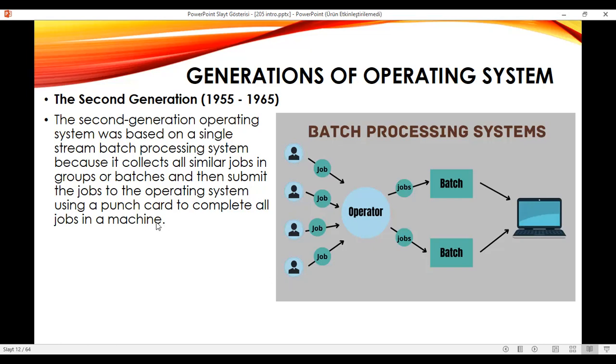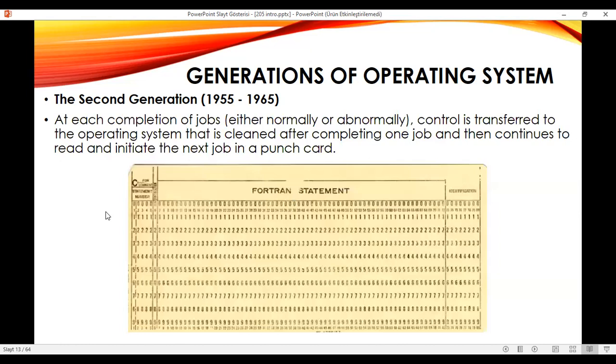And the users in this case are using punch cards to give jobs to the computer. But as you see, they are not giving it directly to the computer. There's an operator in between, a human.